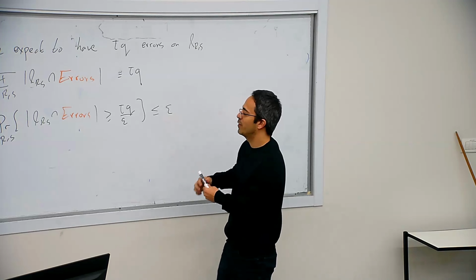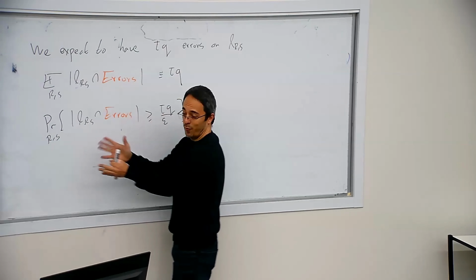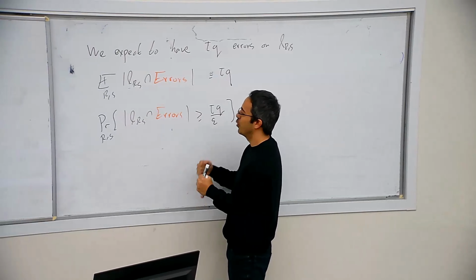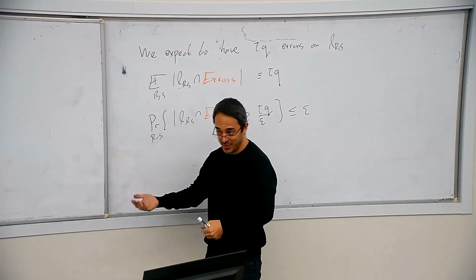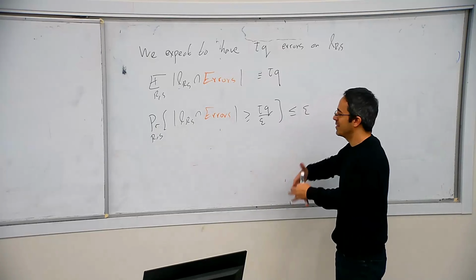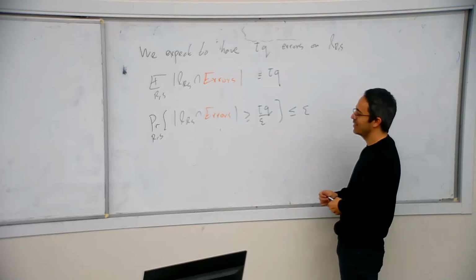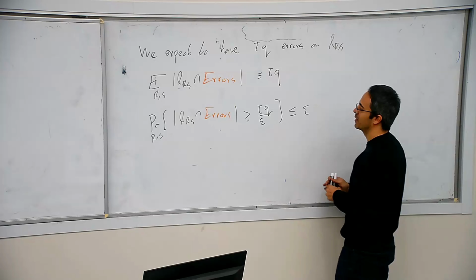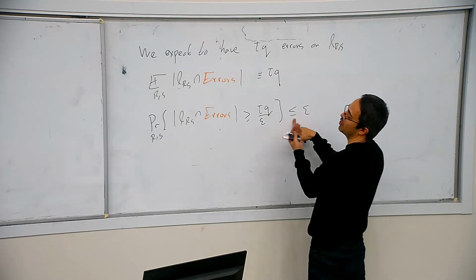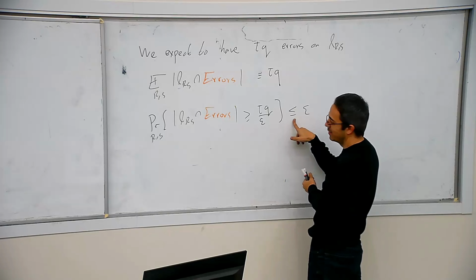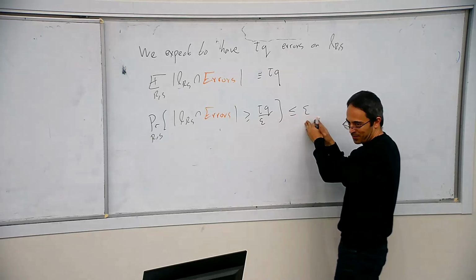In general, if you have a non-negative random variable with expectation mu, the probability that you hit more than 5 times mu is at most 1/5. Otherwise there is too much contribution to the expectation and it's positive, so it cannot be right. So if this was larger than epsilon, the expectation would have been larger than tau times Q, because with this probability you get something that's more than that.